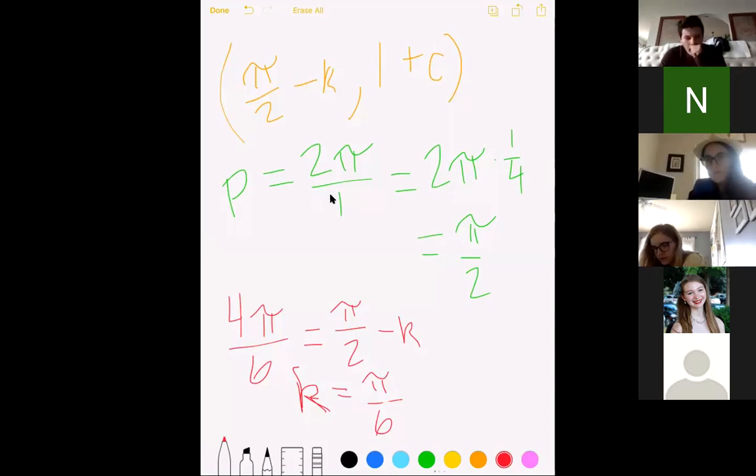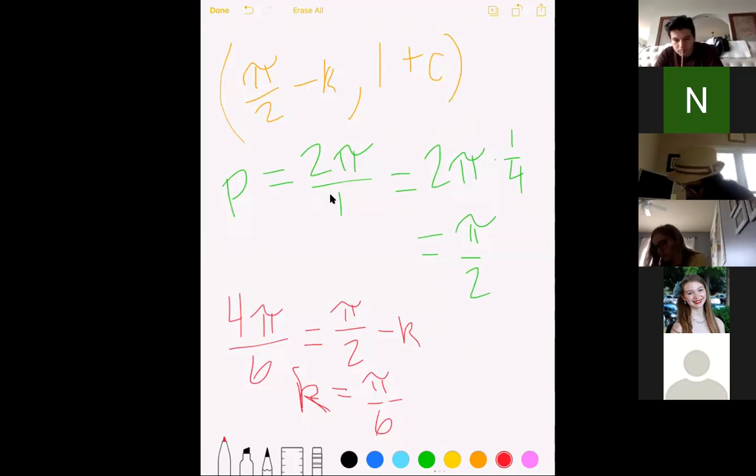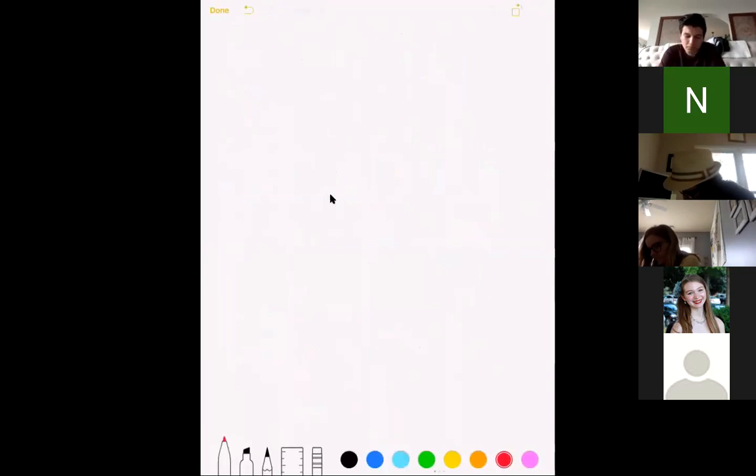So in order to find our C coordinate, I think you can plug in 4 pi over 6. Okay, so let me try that. I'm experimenting, guys, so bear with me.